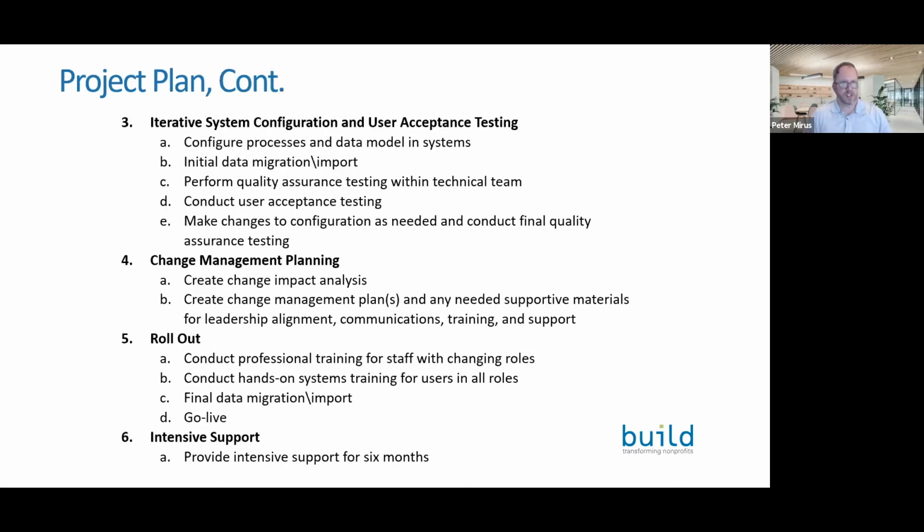And then as you see here, going through an iterative system configuration and user acceptance testing process, everything that's entailed in that. And then doing the change management planning. Now, the change management planning is not necessarily a linear step here, in that you could do the change management planning while you are also doing the previous iterative system configuration and user acceptance testing.